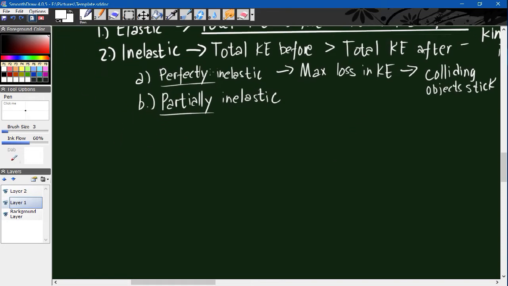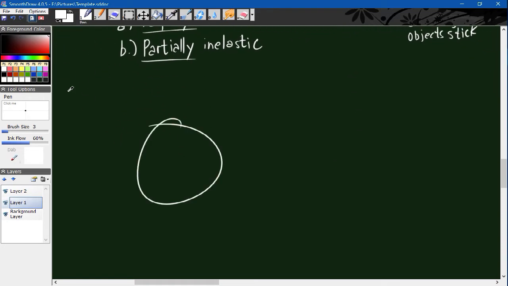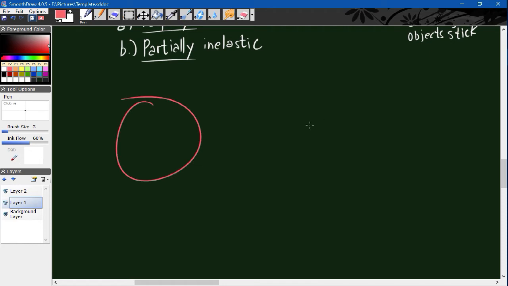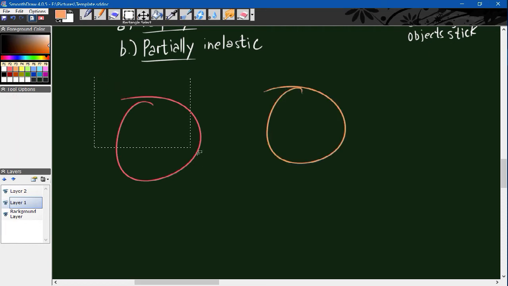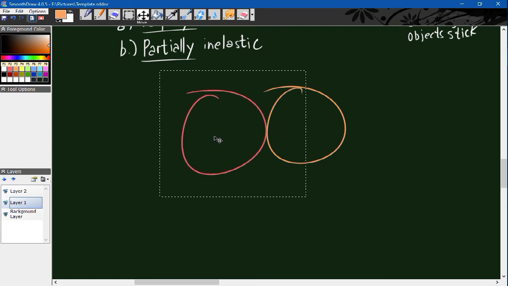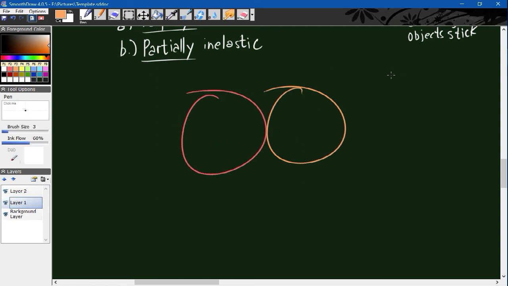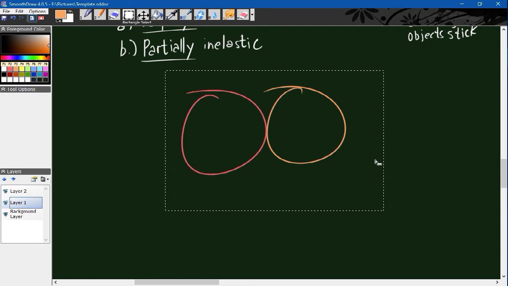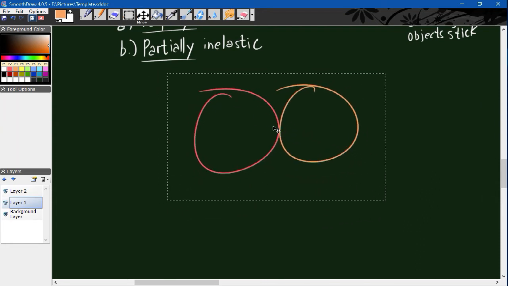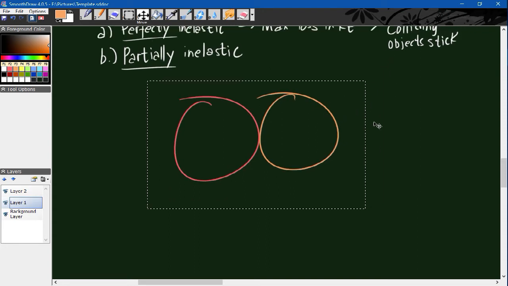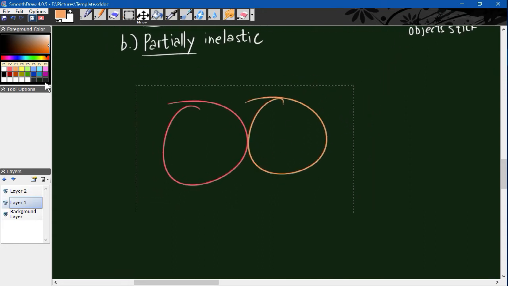even if inelastic collisions happen. Because let's say we have two objects, a red object and an orange object. Let's say the red one hits the orange object, and they stick together. There is some loss in kinetic energy, but that's perfectly fine.